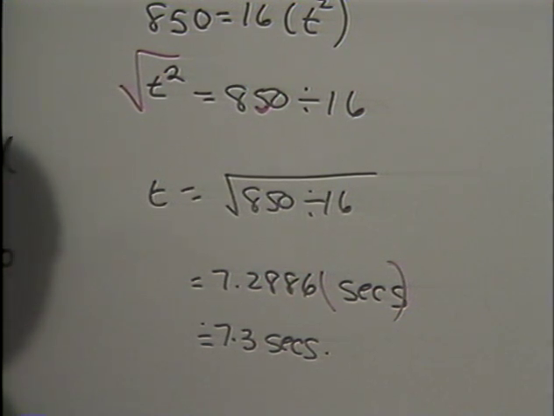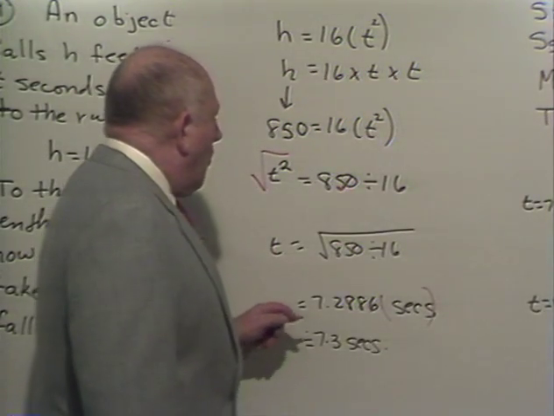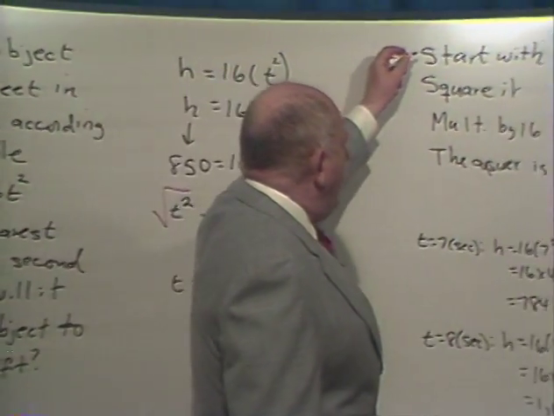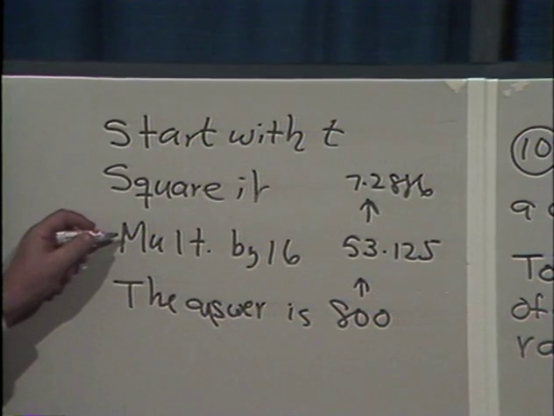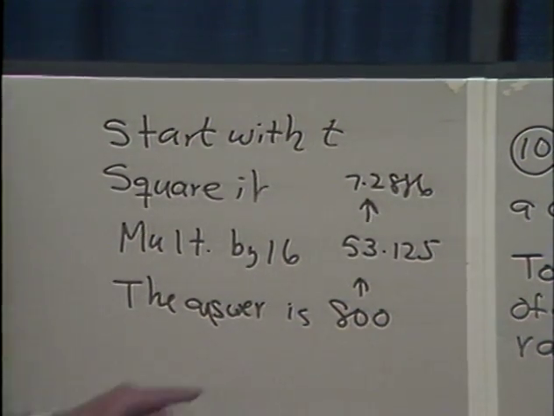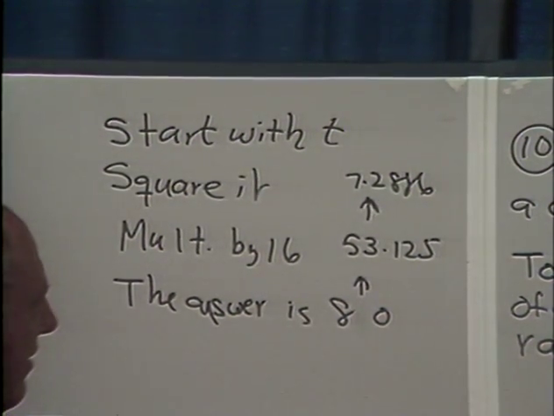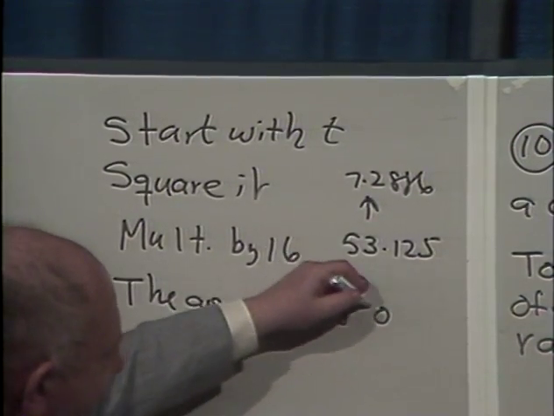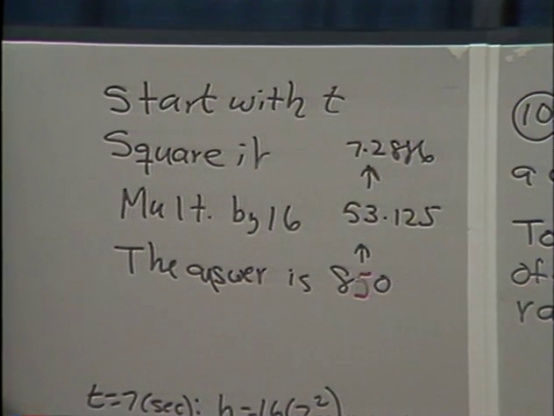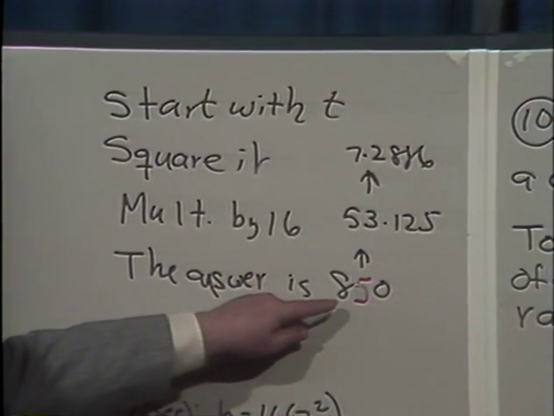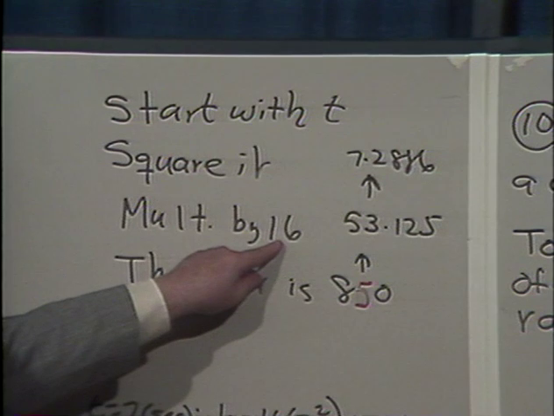And if you want the verbal interpretation of this, what are we doing? You start with the time in seconds, you square it, you multiply by 16, and now in this case the answer was not 800, that's our 1-800 number again, but 850. We got the 850 after we multiplied by 16.